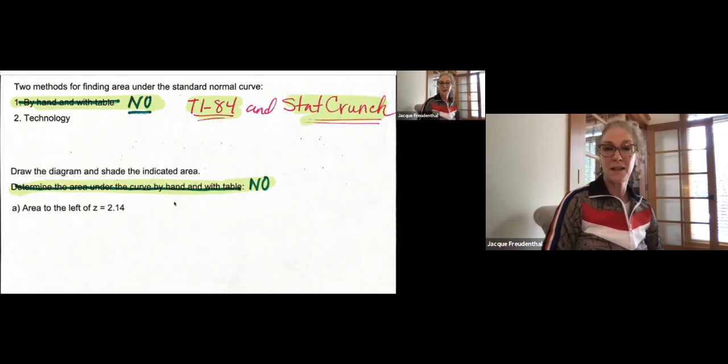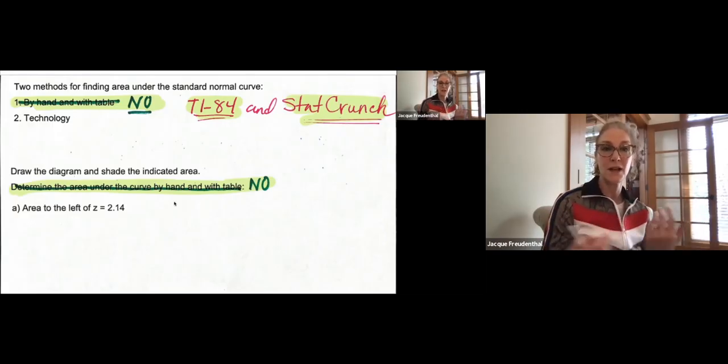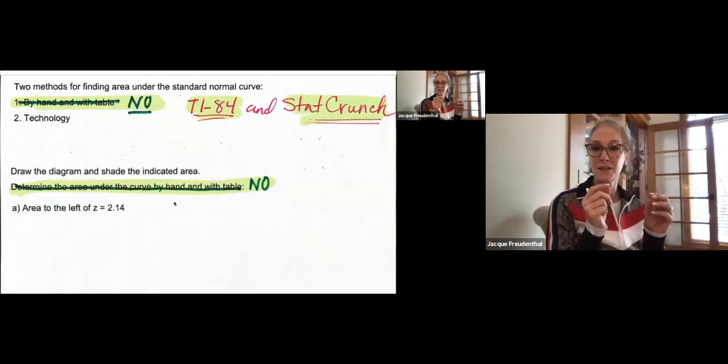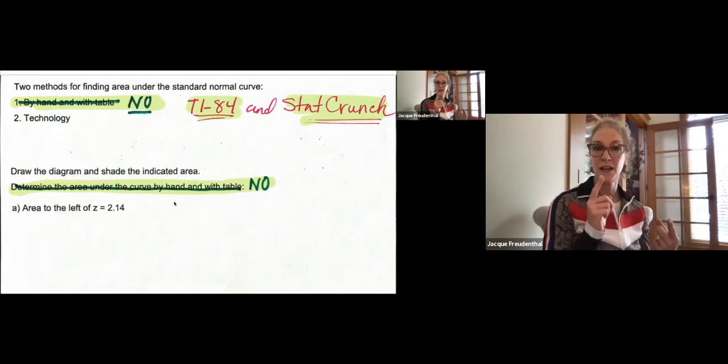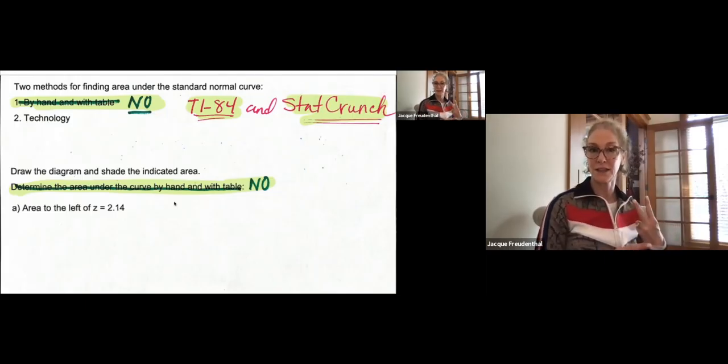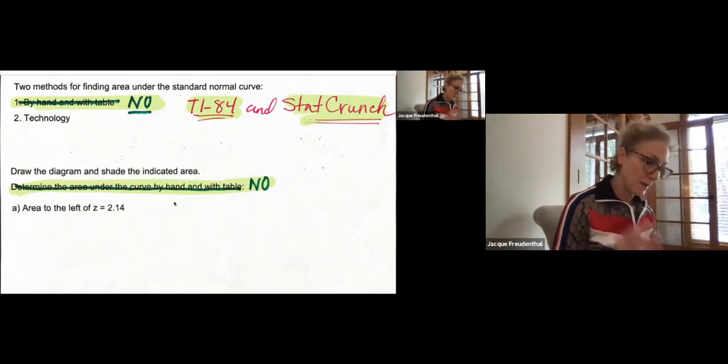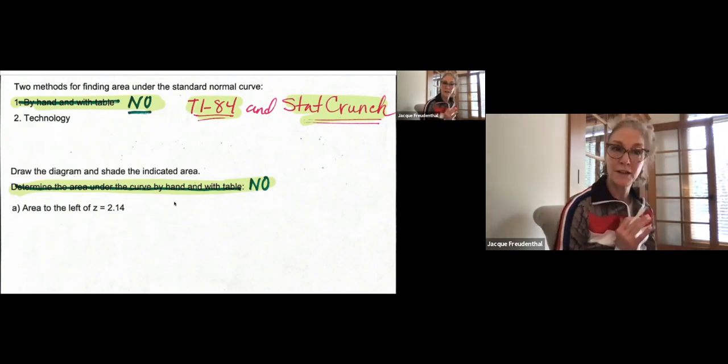I would recommend that you avoid using the table, when you're changing into a z-score and then using a table. You have technology right at your hands, and it's going to be definitely more effective, more efficient, more accurate if you rely on your calculator and StatCrunch. So I'm going to demonstrate all of that from here on out.